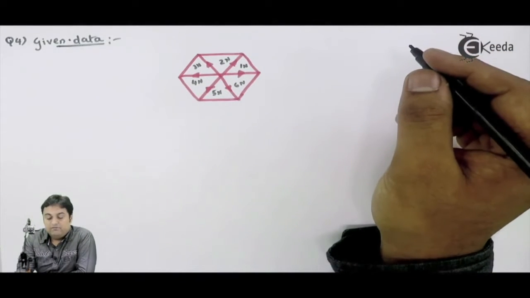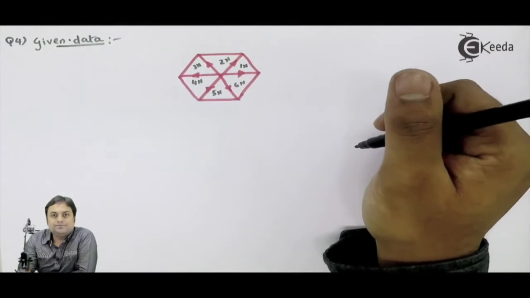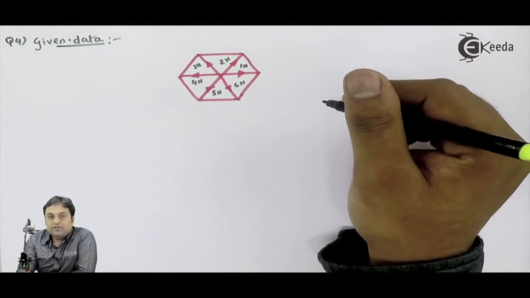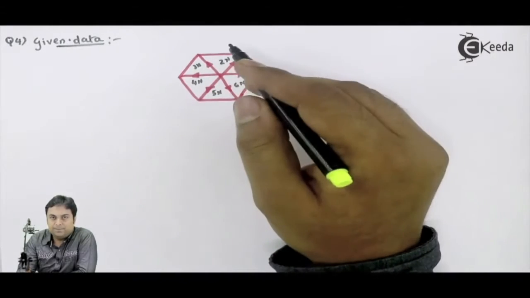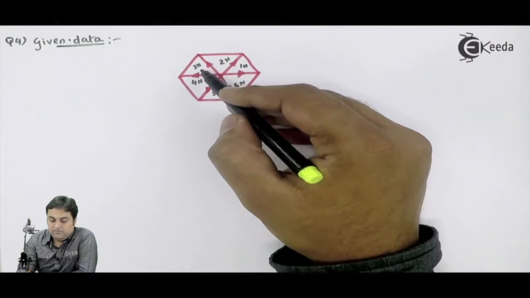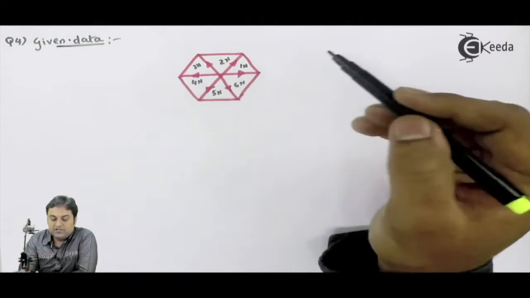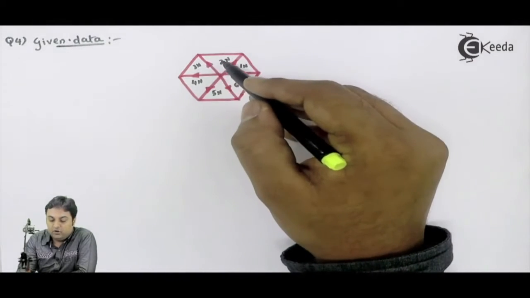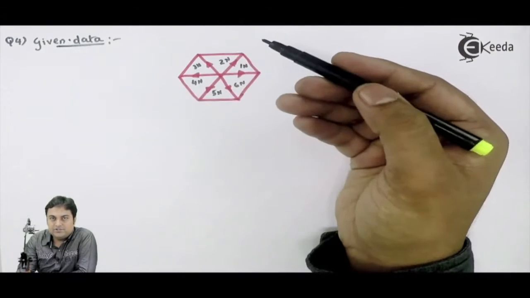Now, we know the forces but we don't know the inclination. But as you can see, the diagram which they have given is of a regular hexagon. In a regular hexagon, when we join all the corners, we get equilateral triangles. So how to get the inclination?